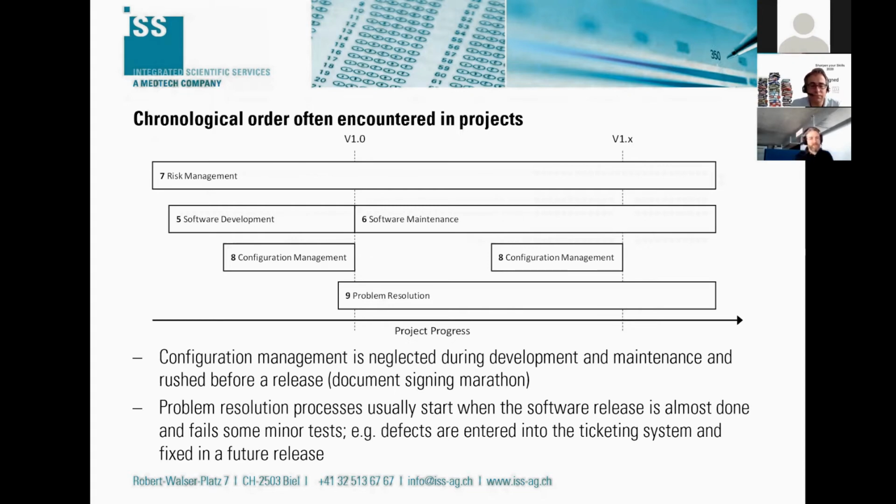You push all the releases off until the very last moment because there's always something to change, some dependency, and so on. Problem resolution we often see only started at the verification, because before, you just fix the problem, you don't actually look at the detail during development. But if you have a release candidate, it's sometimes easier to analyze whether the problem poses a patient risk that's not acceptable, and if not, just add a ticket and fix it in the next release.